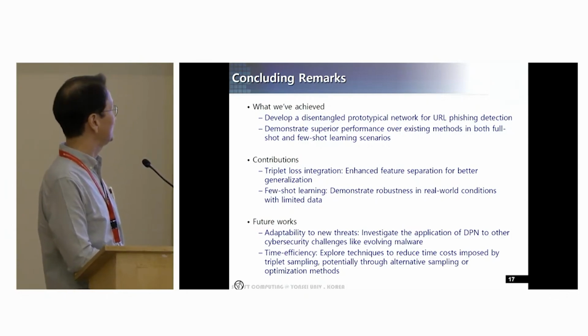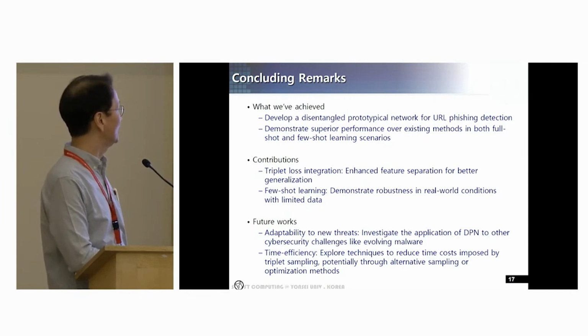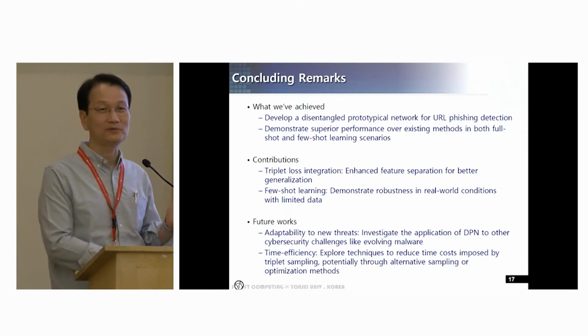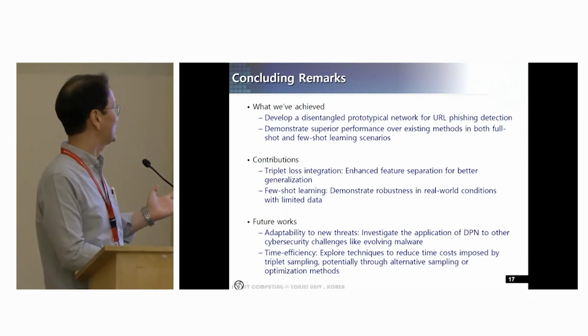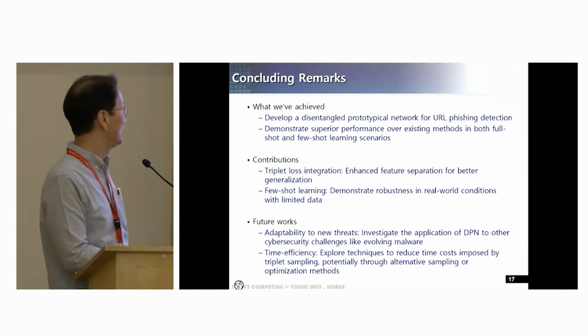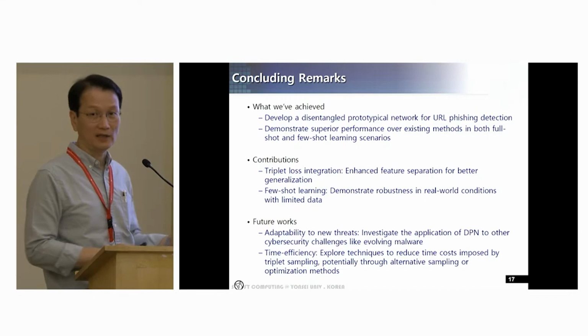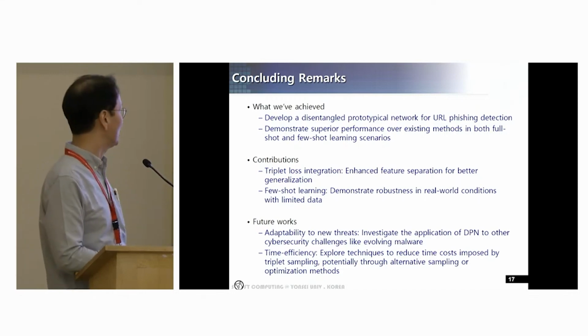We devised a new loss function combining triplet loss and prototypical loss to enhance the feature separation for better generalization. Especially, this method is powerful when the number of samples is limited, in few-shot learning scenarios. So we demonstrated the robustness in real-world conditions with limited data in the experiment.